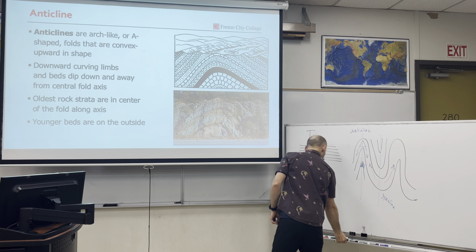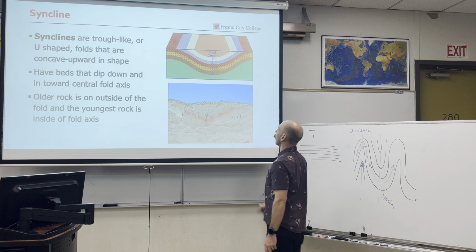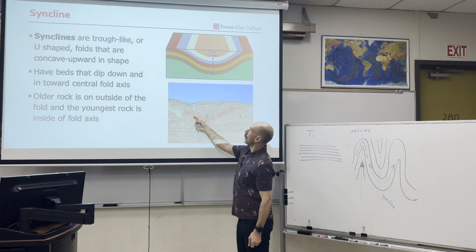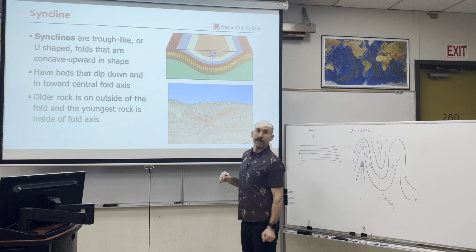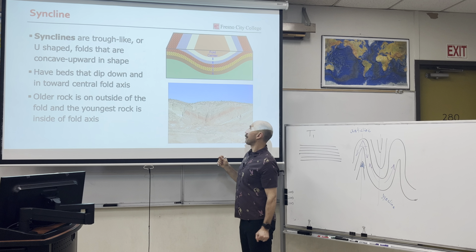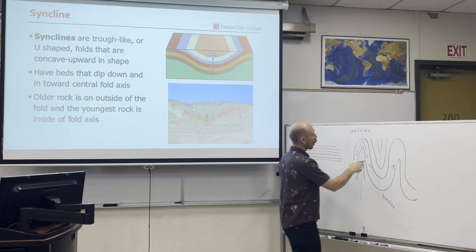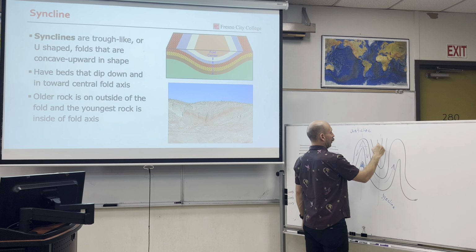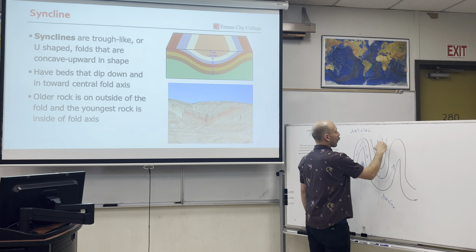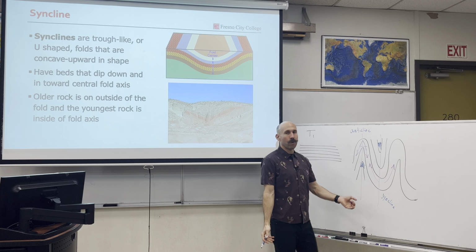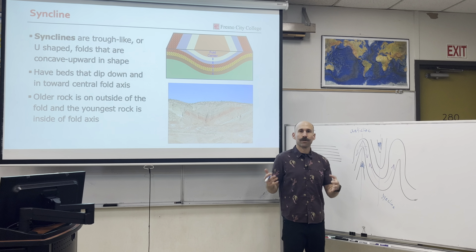And then we move to syncline, its counterpart, where you have the opposite direction of the angle of the beds dipping for the fold limbs, and now you have the youngest layer in the center. So again, if we're trying to figure out geologic history, sequence of events, we've got folds, where are they oriented, which layers are older than the others.